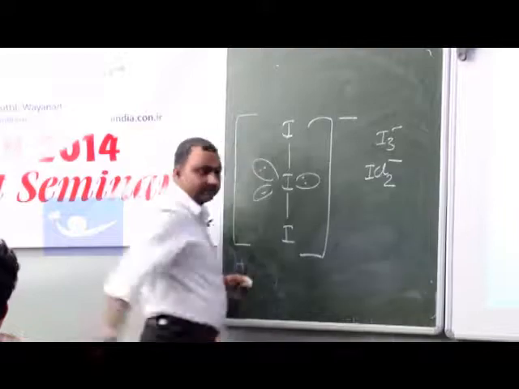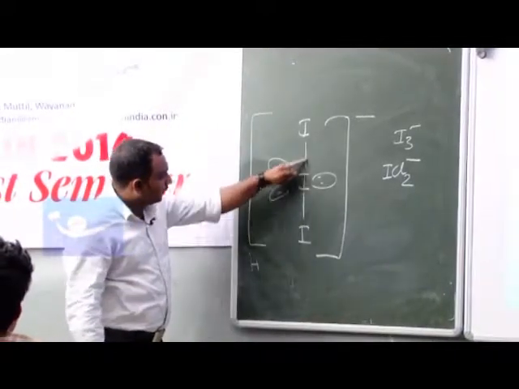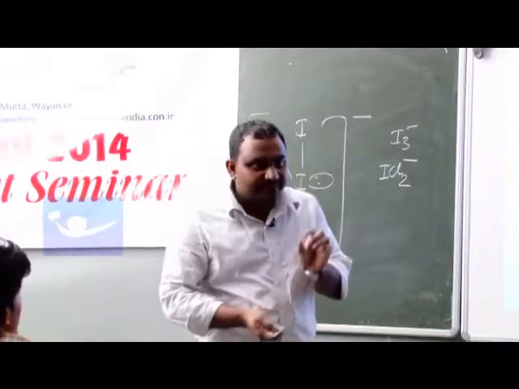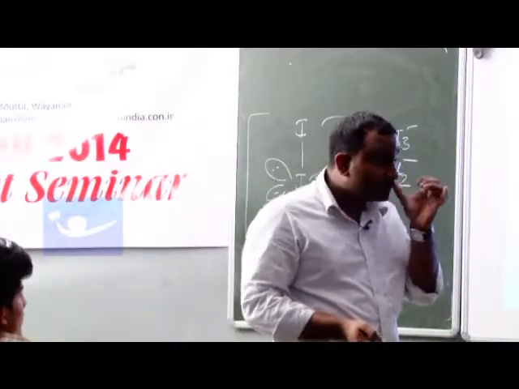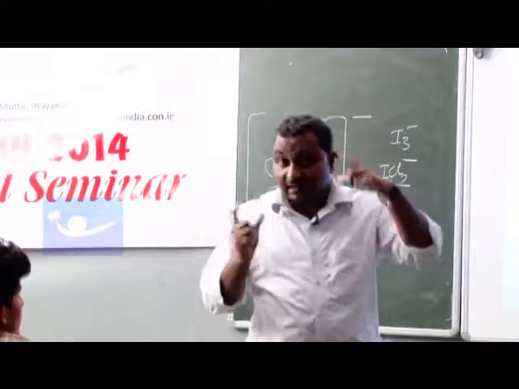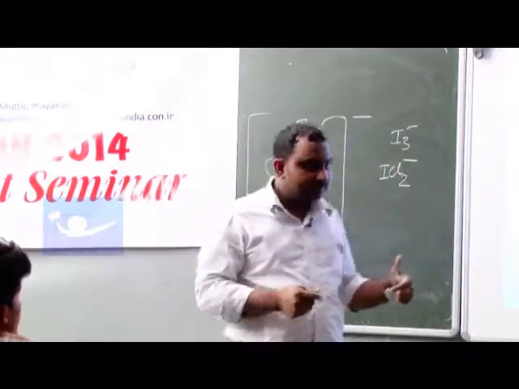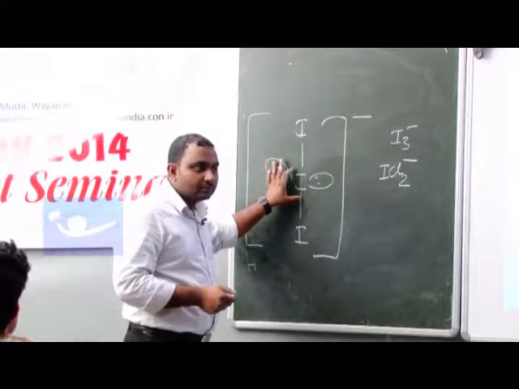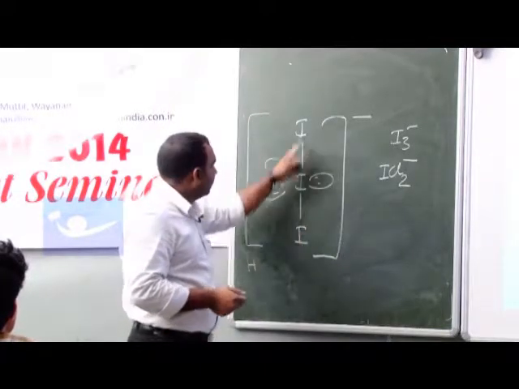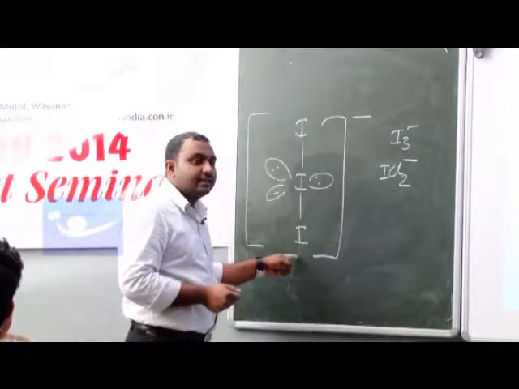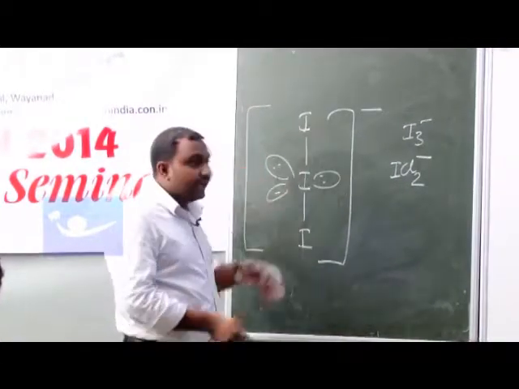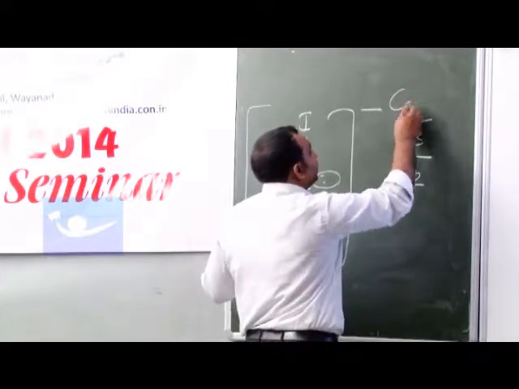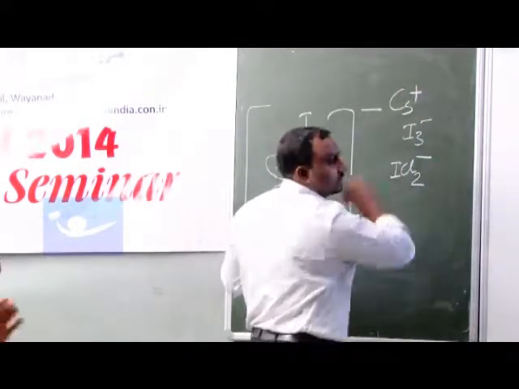I3 minus: 2 bond pairs and 3 lone pairs. What is the geometry? You know the expected geometry is trigonal bipyramid, and the equatorial positions are more stable for lone pairs of electrons, and its geometry is linear.